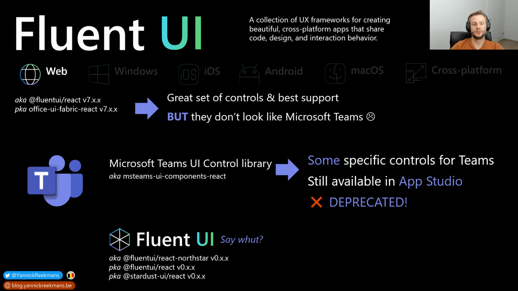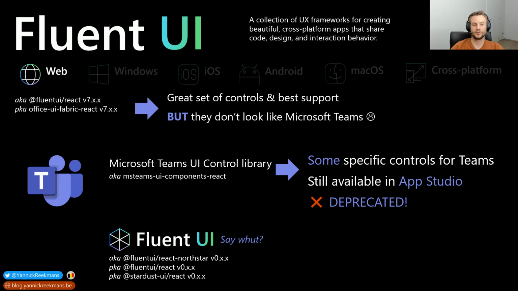Now, Fluent UI again, it used to be known, or it's also known as @fluentui/react-northstar, and it has a version number of 0 at the moment. It used to be known as @fluentui/react v0, but that became too confusing with the v7.